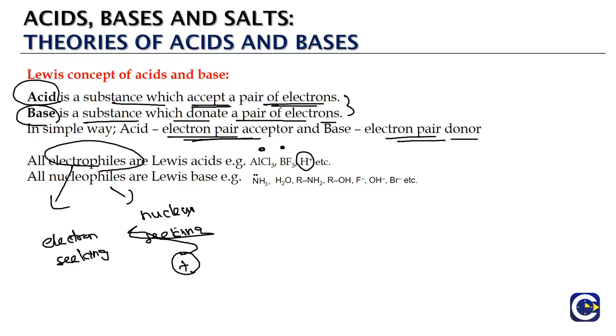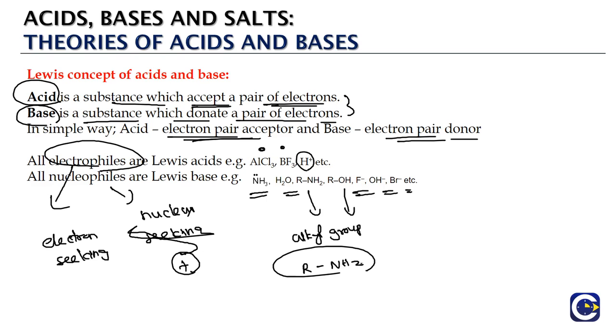Nucleophiles are generally molecules having electrons or negatively charged species like NH3 ammonia, H2O, and in carbon compounds we will study substances like RNH2, where R is called an alkyl group, which we call amines, and ROH, which we call alcohols, and F minus fluoride ion, OH minus hydroxyl ion, Br minus bromide ion. All of them will be able to act as Lewis bases.